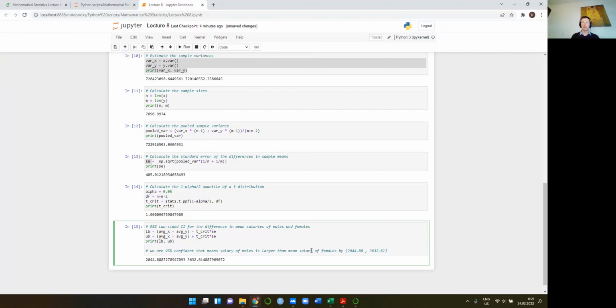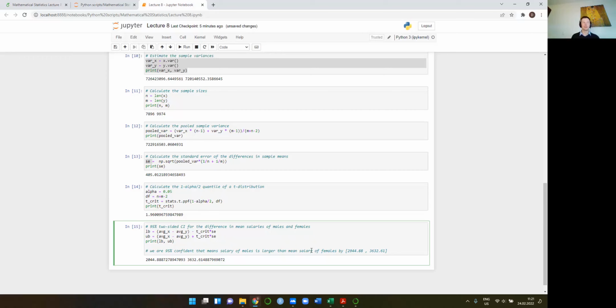So there is evidence here from this random sample that women are receiving, on average, a lower salary, and we have established a 95% interval for this difference between the male salary and female salary. That's all. So now we are 95% confident that males in the United States are receiving more than females.